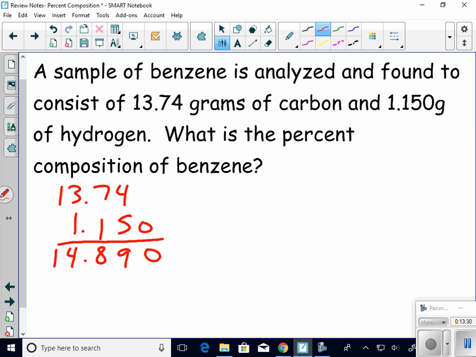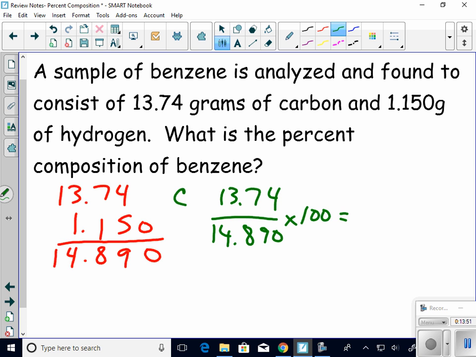Would we agree on that? So, all I'm going to do is take each individual one. Carbon, 13.74 out of the 14.890. Multiply that by 100.